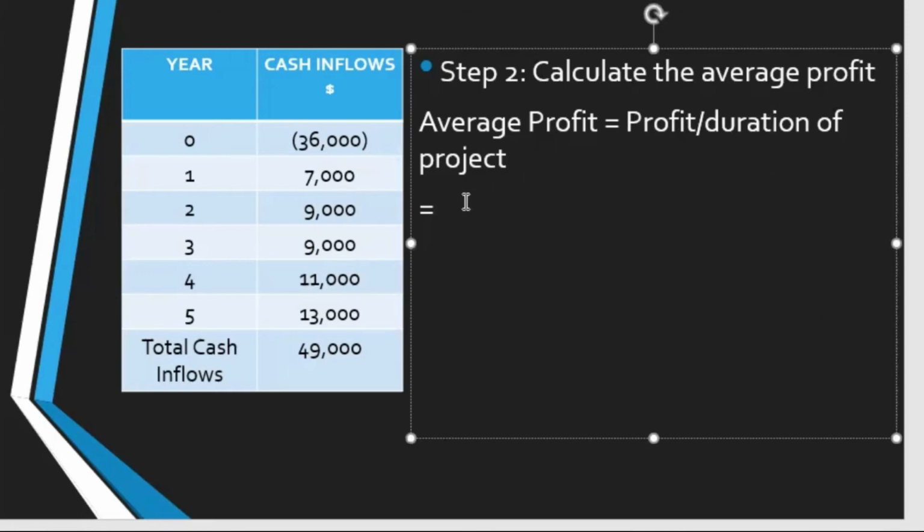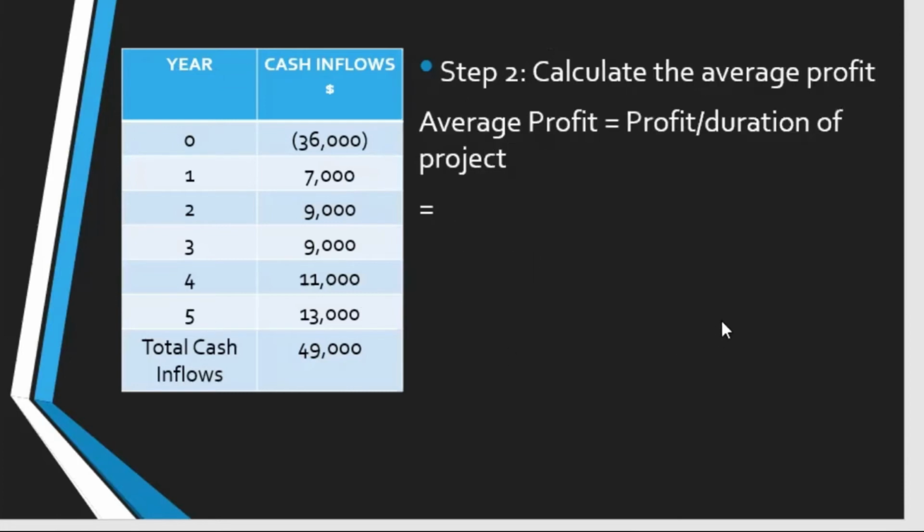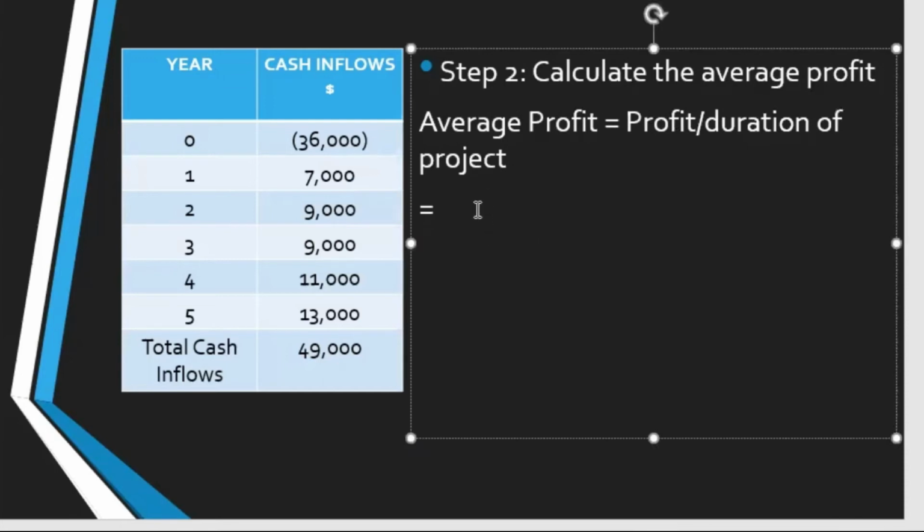In the previous calculation, we saw that the profit was $13,000. See it? Agree? Great. So we would put down our $13,000 divided by the duration of the project.